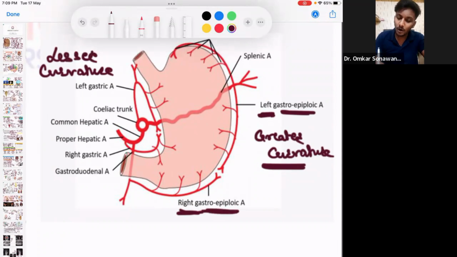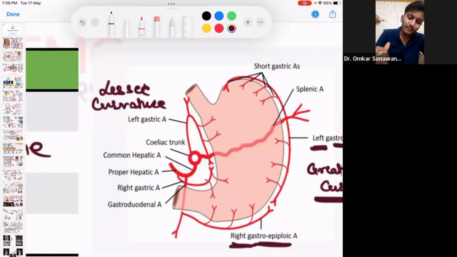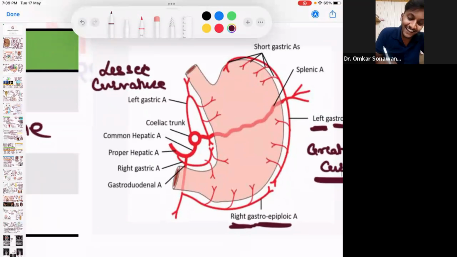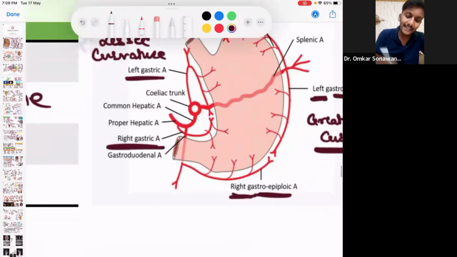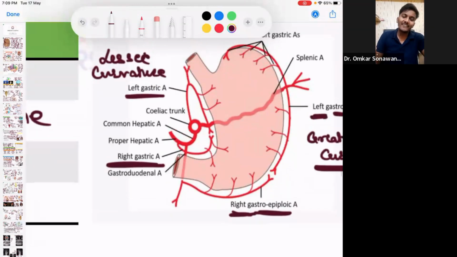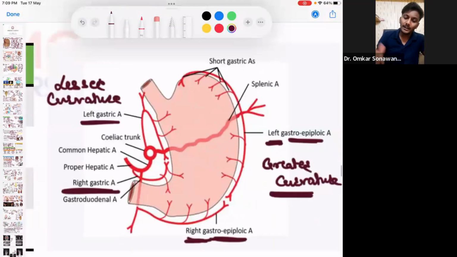How to remember? बहुत बड़ा नाम है, बड़ा curvature, ठीक है? Whereas lesser curvature is supplied by the left gastric artery and right gastric artery. Lesser curvature छोटा नाम, छोटा curvature, left gastric and right gastric artery. कोई दिक्कत नहीं है, important है, ठीक है?